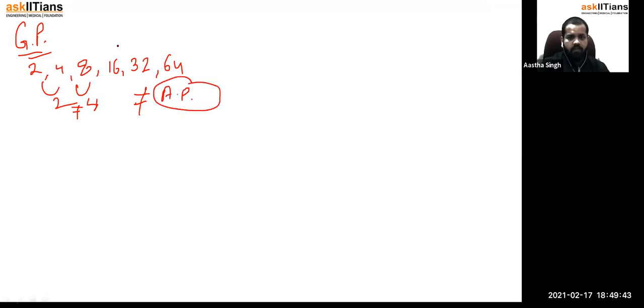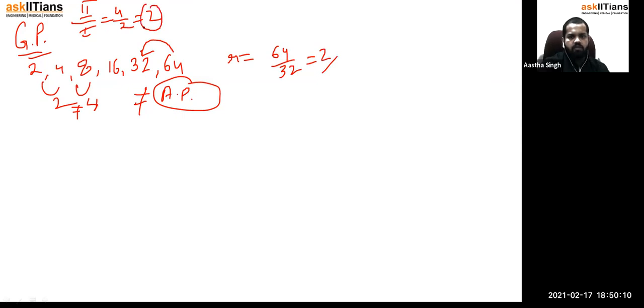Now its ratio is the same. What is the ratio? The ratio is the second term by the first term, that is 4 upon 2 is equal to 2. If you take any two consecutive numbers and divide the next by the previous, such as 64 by 32, it is also equal to 2. It means the ratio is the same, so these numbers are in GP.